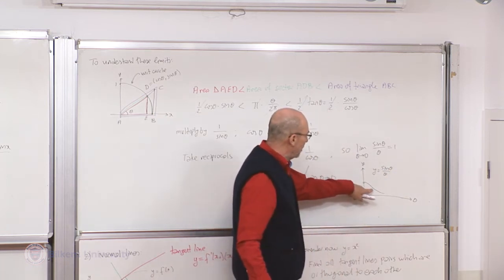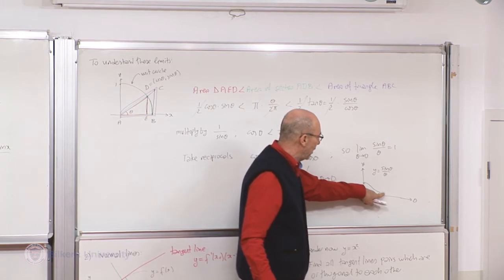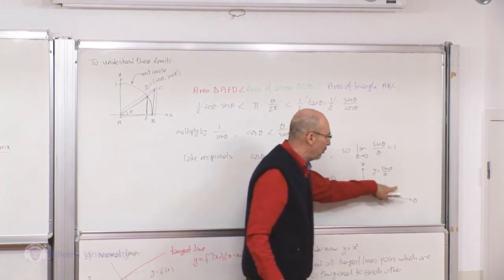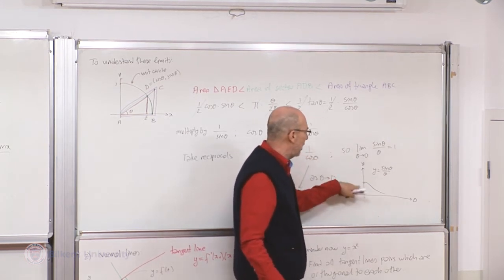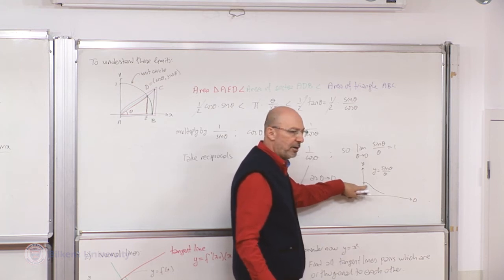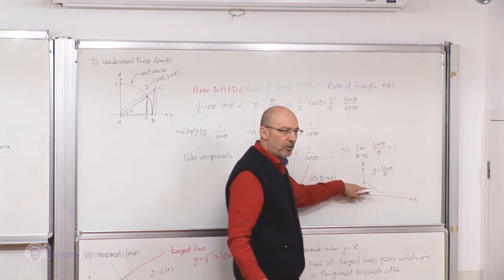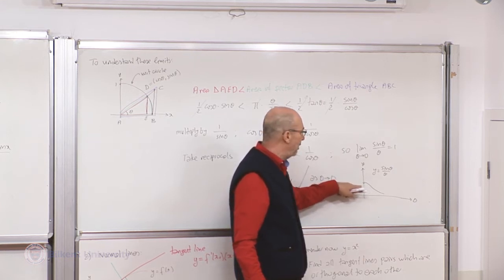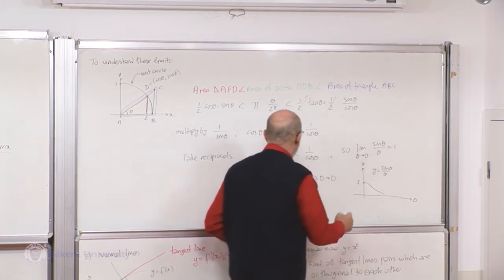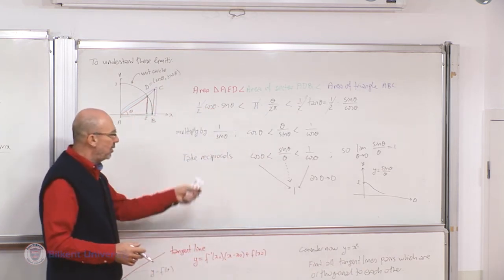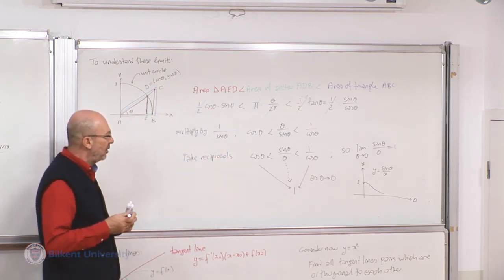Just around 0, it will look like this from this side too. Only this point is missing, and the function is nicely approaching there. So if you draw the graph, you expect the limit to be 1, and you calculate it rigorously, and it's again 1. Now we are safe.